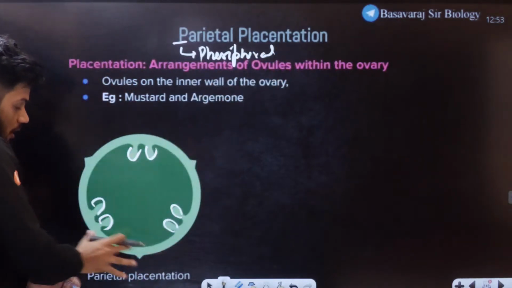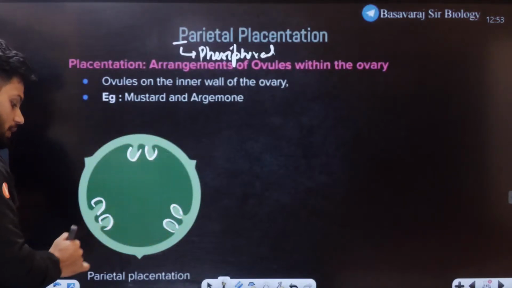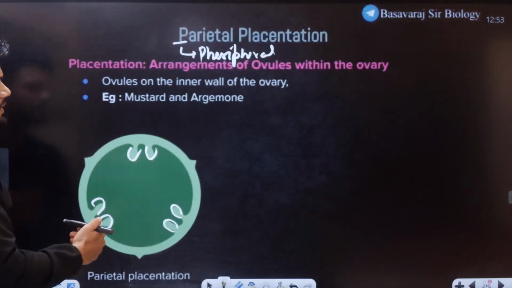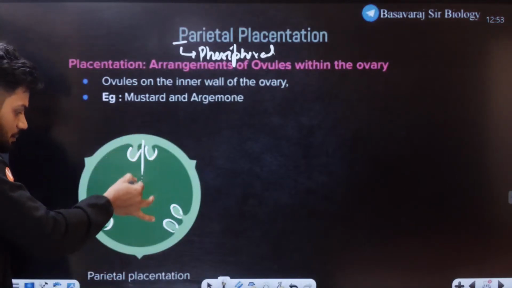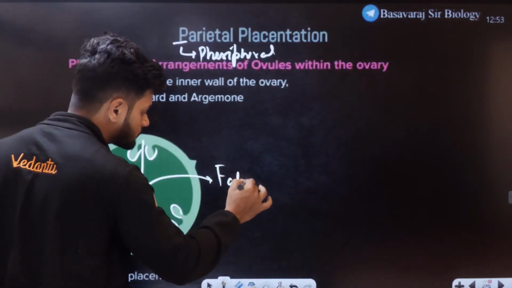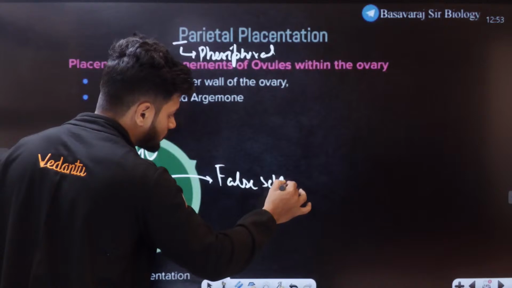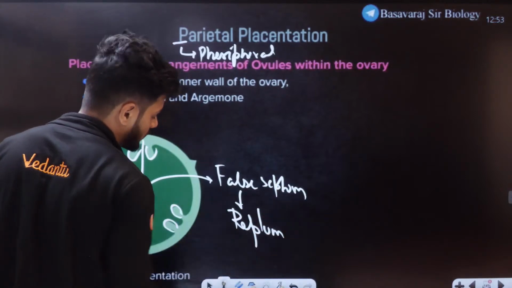Peripheral means outer boundary. So all the ovules are present on the outer boundary. Now students, you need to understand that initially it is unilocular, but later on becomes bilocular because of the formation of false septum. The false septum is called as replum.